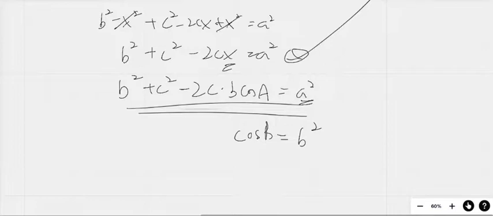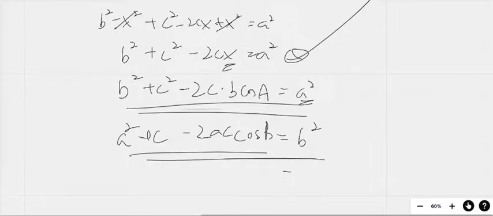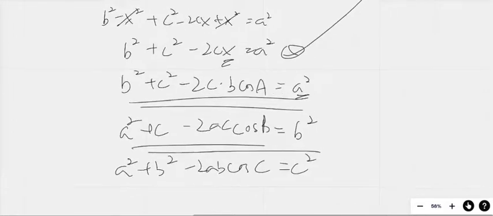In this case, we have b, so it will be a squared plus c squared minus 2ac cosine B. And the last one is c squared: a squared plus b squared minus 2ab cosine C is equal to c squared.